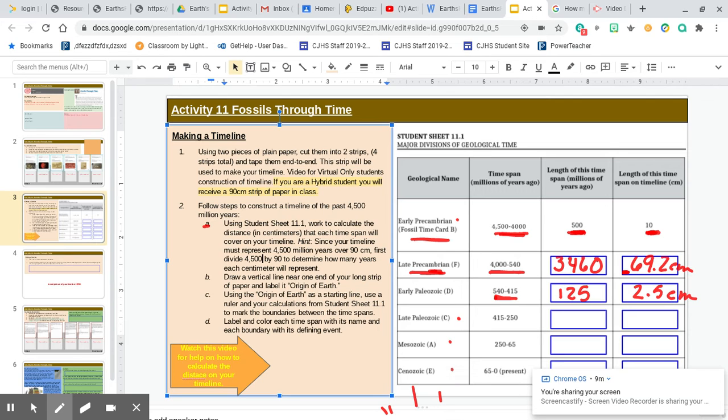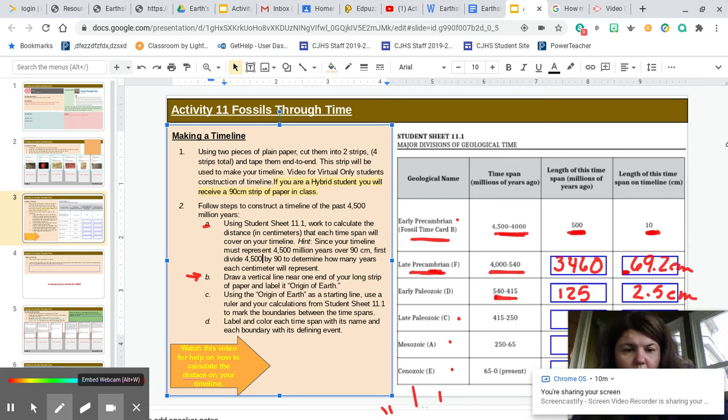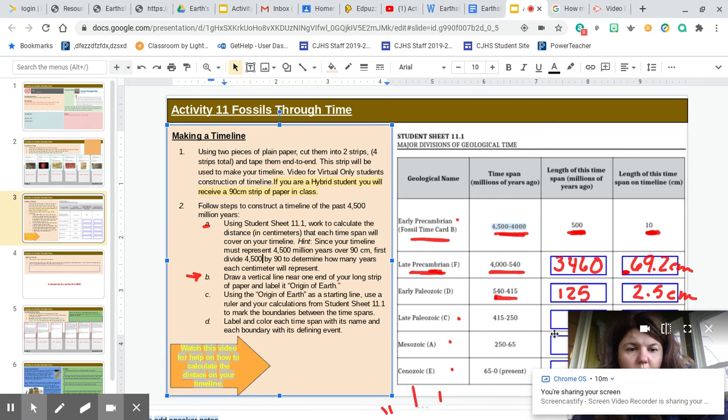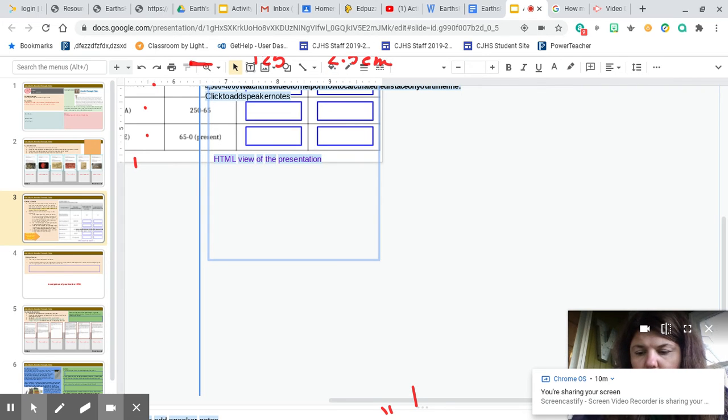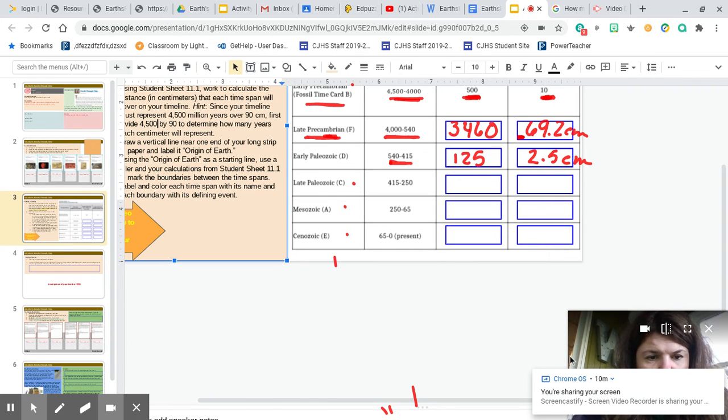You are ready for step B, where you're going to draw a vertical line at the end, the origins of Earth. And let me show you what that's going to look like. I'm trying to move my camera here so I can show you.